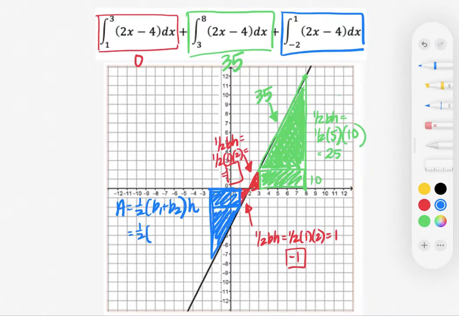So our first base is 1, 2, 3, 4, 5, 6, 7. Our other base is 1, 2. And our height is 1, 2, 3, 4.